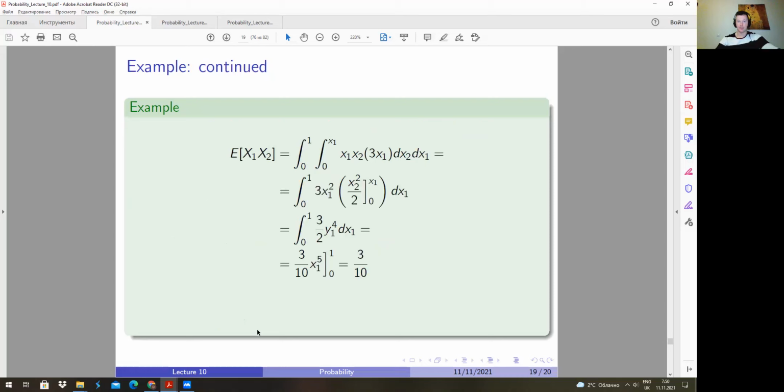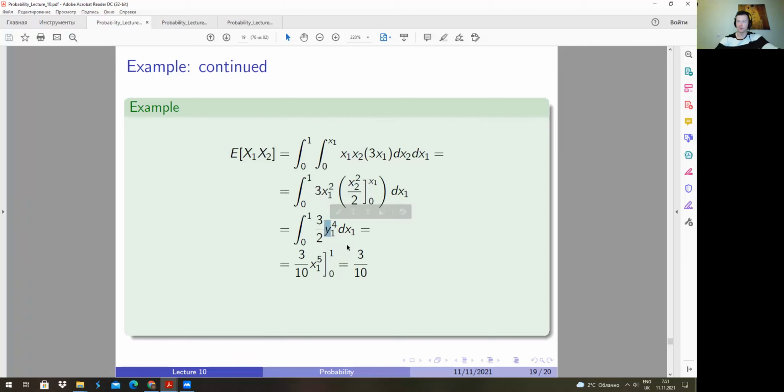And the expectation of the product of x1 and x2 is the following. It's x1 x2 multiplied by the joint density, and I integrate first with respect to x2. So 3x1 squared is constant. The integral of x2 is x2 squared over 2, evaluated from 0 to x1. Sorry, it's a typo, it must be x, not y.